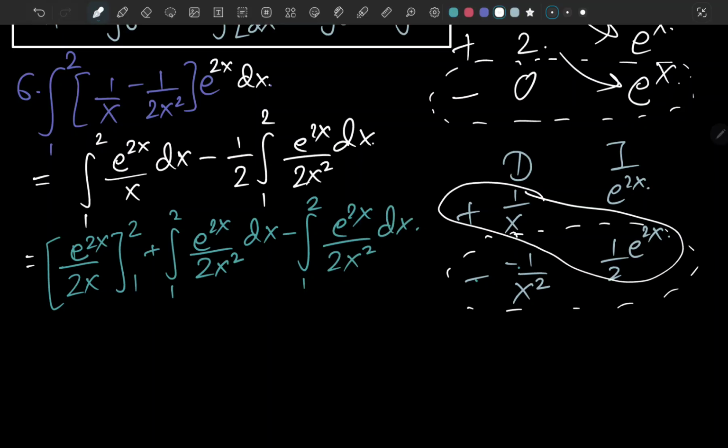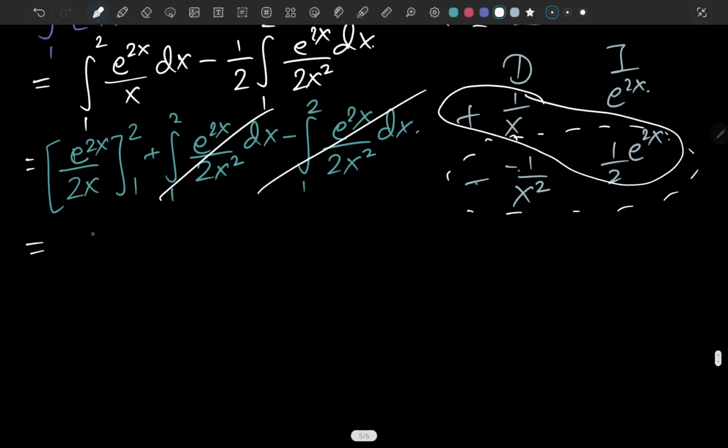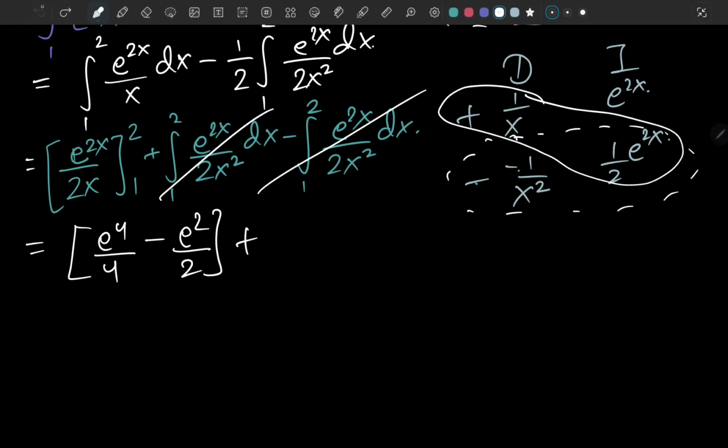Again, how cool is that, this thing is getting cancelled out. We don't need to care about these two things, we are just left with this thing. So when you plug in the limits, e to the 4 over 4 minus e to the 2 over 2, plus, no, it's not c. So that is what it evaluates to, that is the answer. Literally it was very cool, right guys?